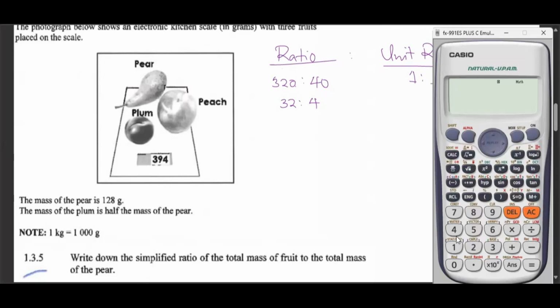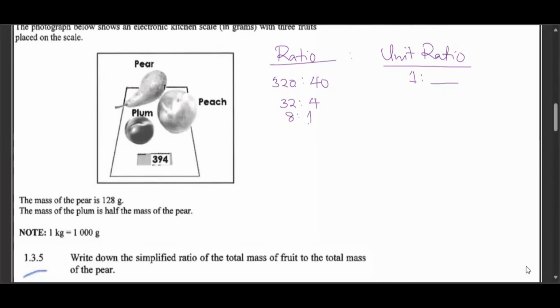What you do is get the small number, which is 40, put it in like this, and you press equals. This one becomes a unit ratio, because it will give you 1:8. This is a unit ratio, 1 to a given number.